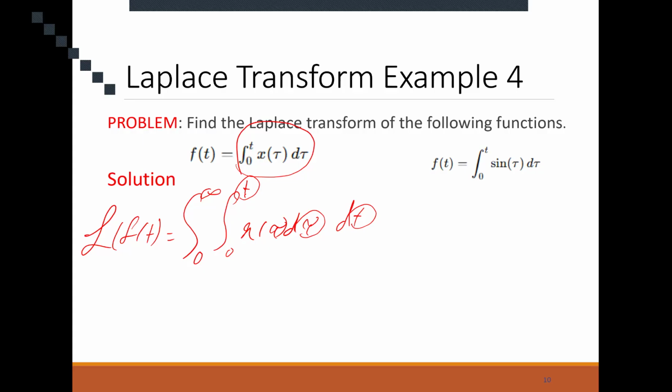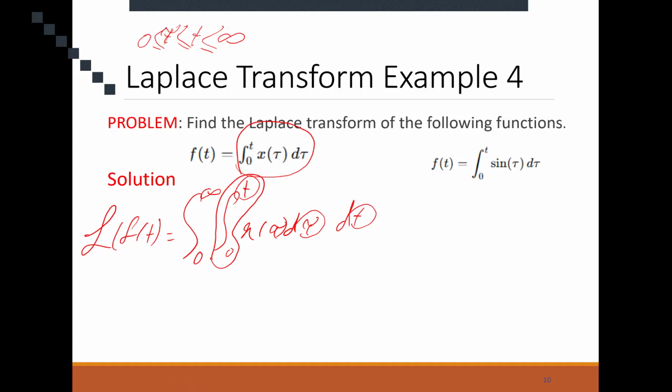Make sense? Now, what's going to happen is that, pay attention. Originally we have time going from 0 to infinity, but tau goes from 0 to t. So tau is between 0 and infinity. Correct? So if we want to change this part from t to tau, now instead of 0 to t, what do we have to do?